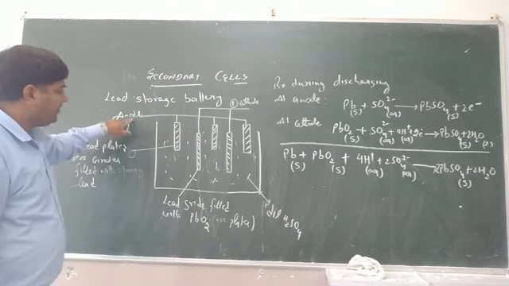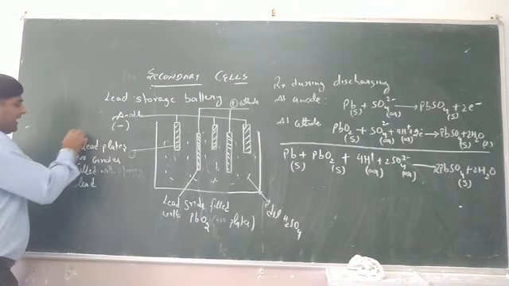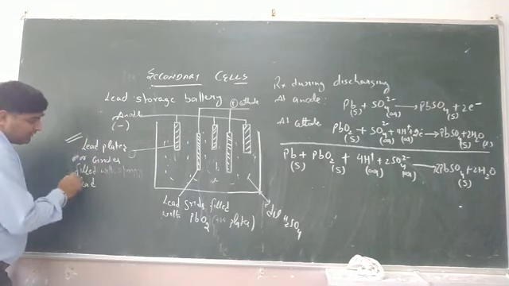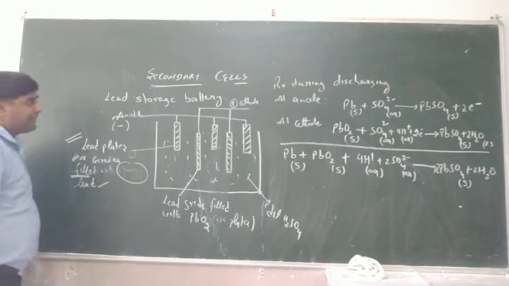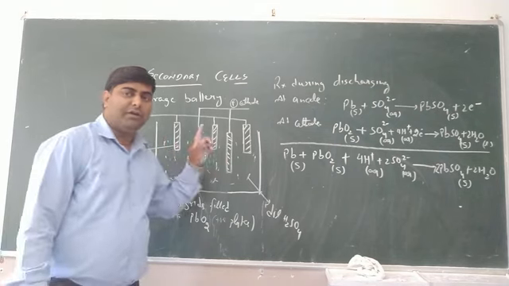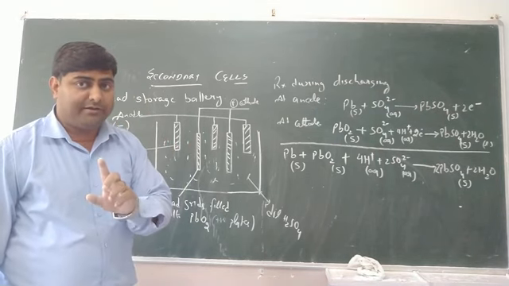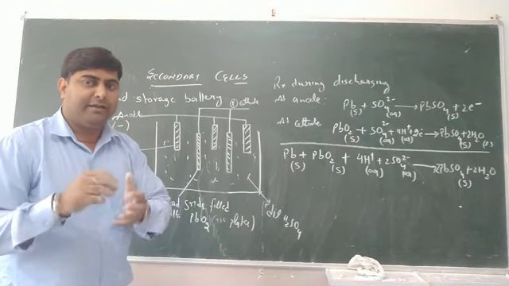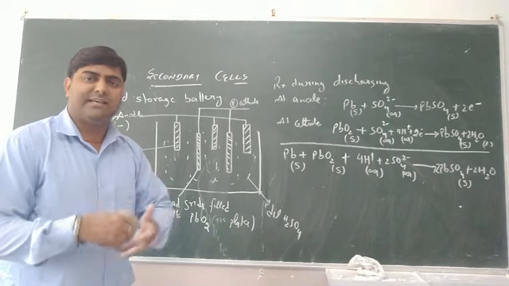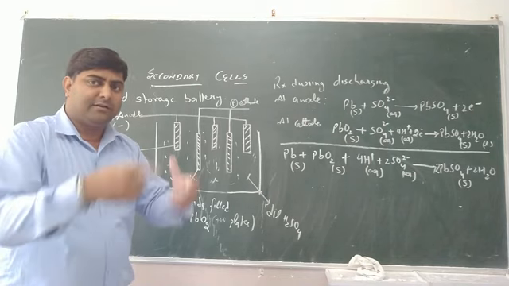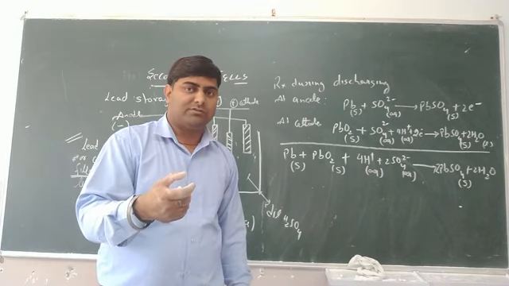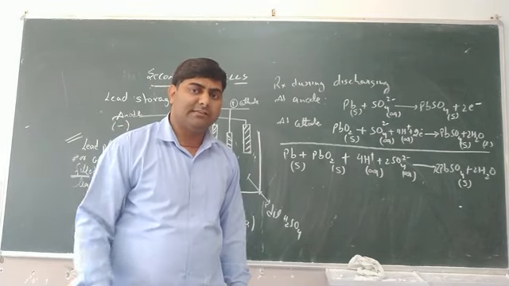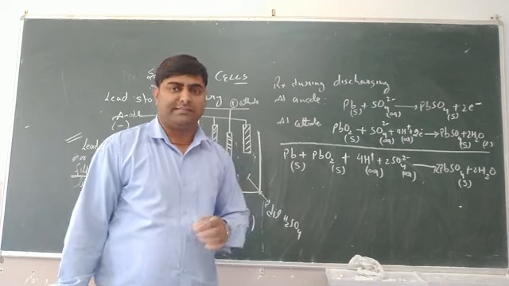One is the anode, which is made up of lead plates filled with spongy lead. Keep in mind, the anode contains spongy lead. It means lead in its paste form. It is placed inside the lead electrodes so that the process is carried out fast.